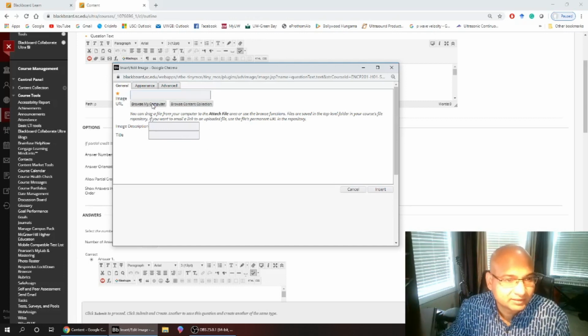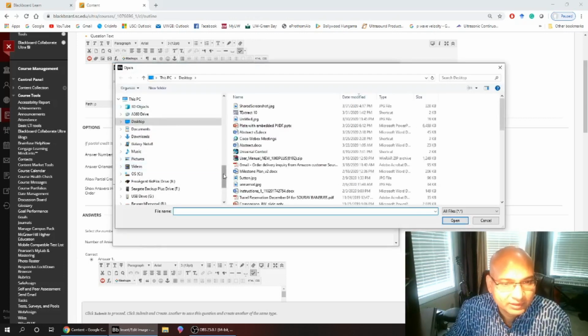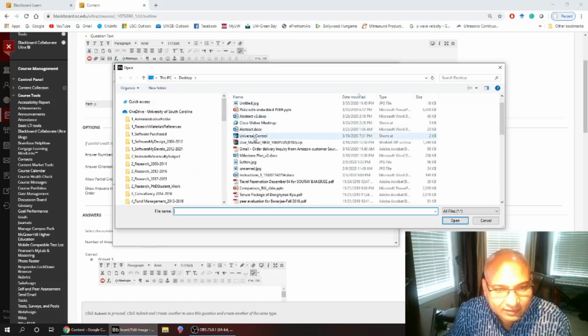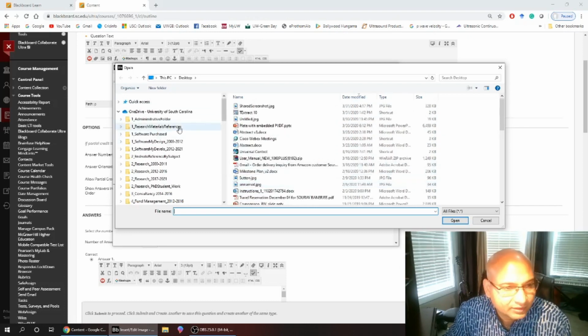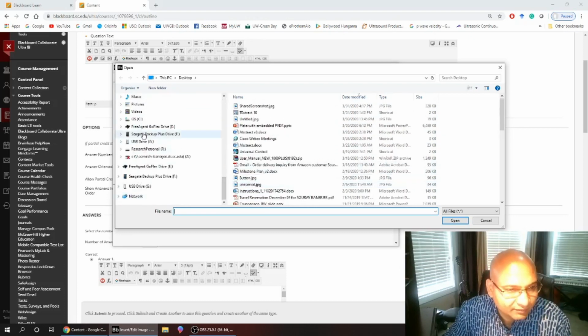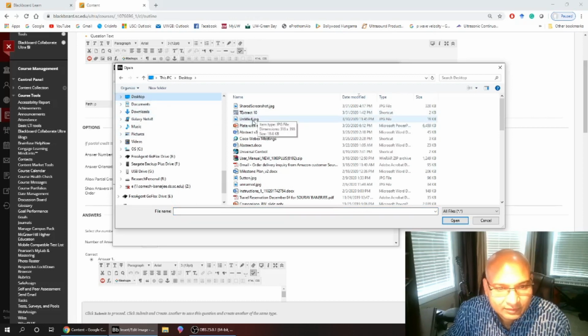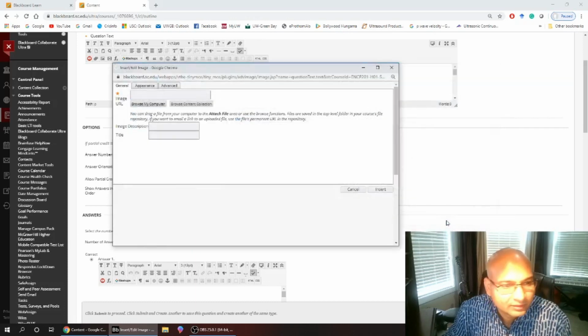I can browse my computer. There is a specific picture I downloaded on my desktop. Let me see if I have it. Yes, so let's say this is the graph I want to insert.